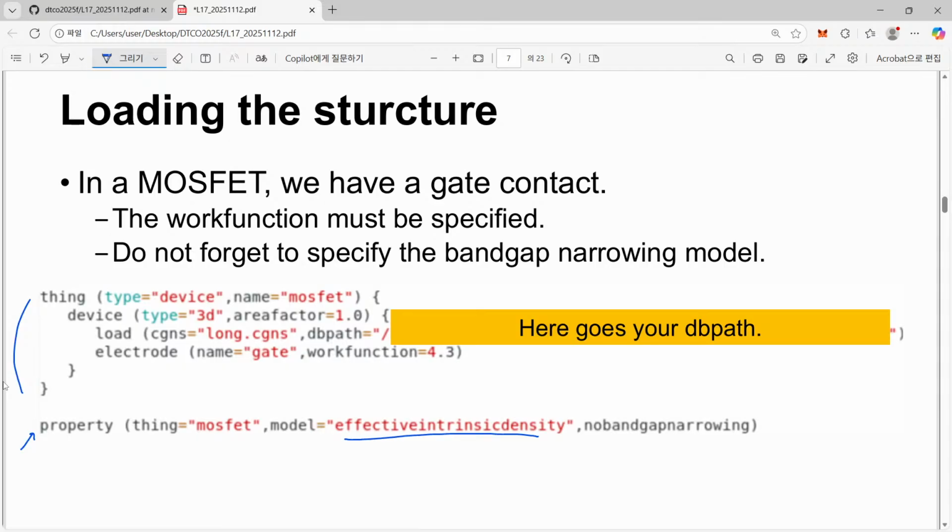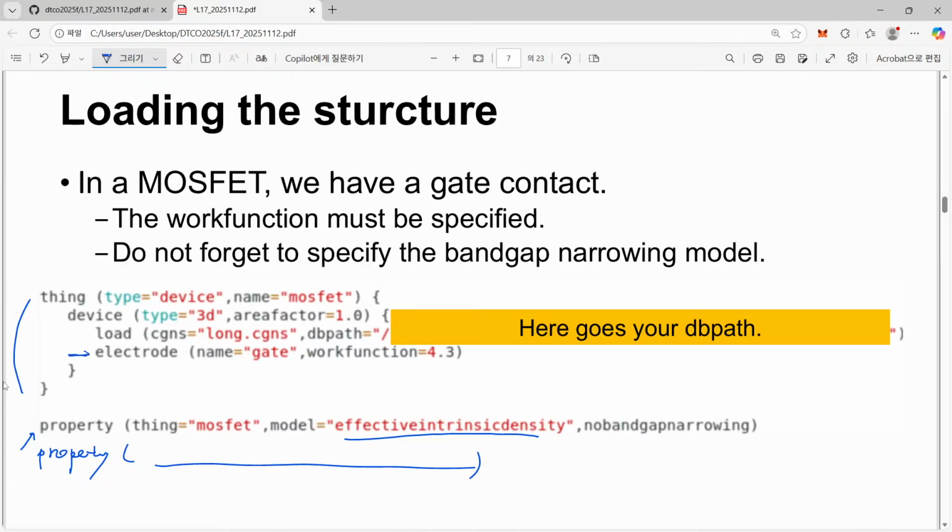Of course, if you want, you can add additional properties, for example mobility, recombination, or other kinds of physical models. But anyway, this bandgap narrowing model is the mandatory one, so you must add it. Without this one, your simulation would not go properly. And in this case, a little difference can be observed here.